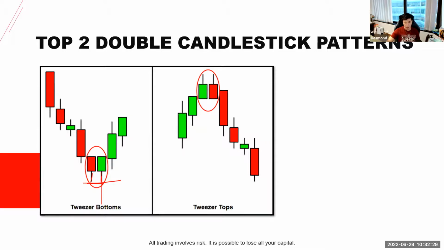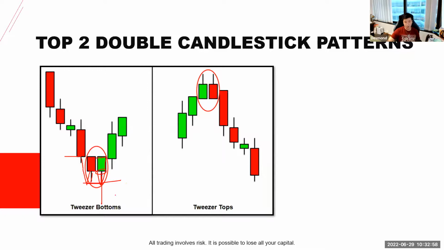One should not be a lot lower or a lot higher than the other, they should be roughly the same length. Because what it says is that price opened over here, went all the way down, and ended over here. Now, when it opens over here, not only does it go down, it goes down to the exact same price, it bounces up, it goes past your initial closing price, and it ends over here.